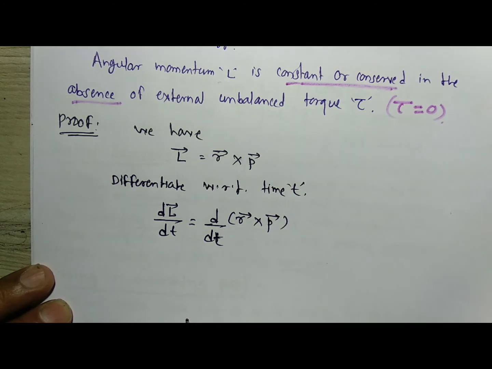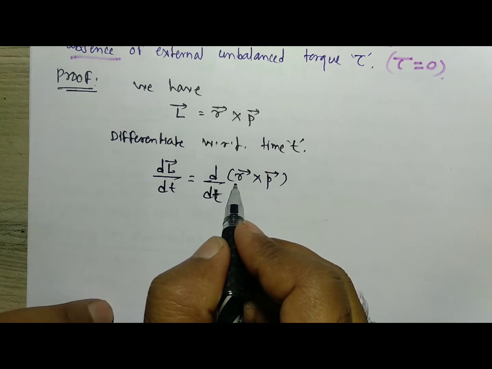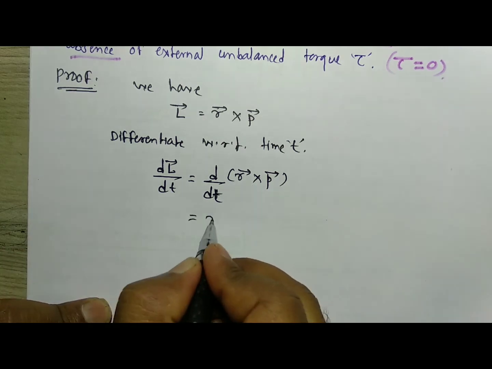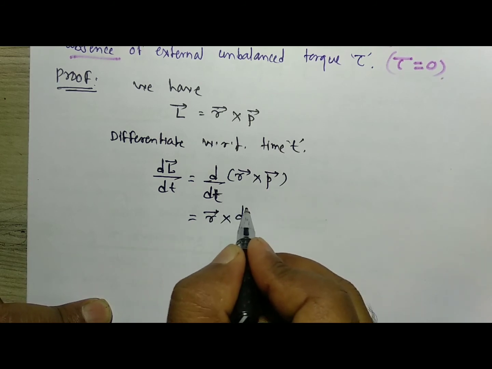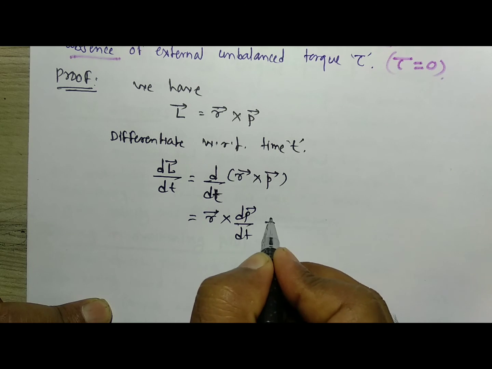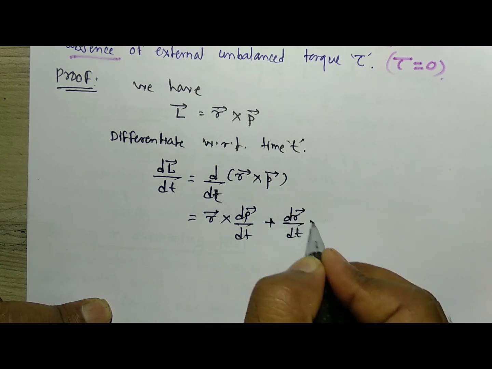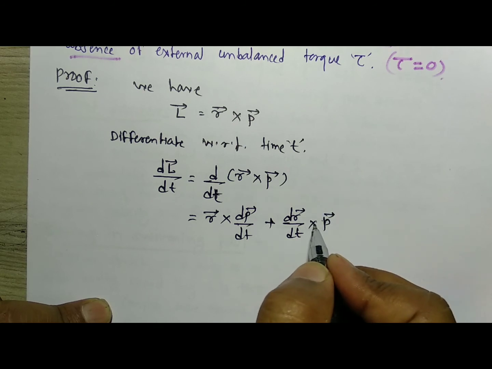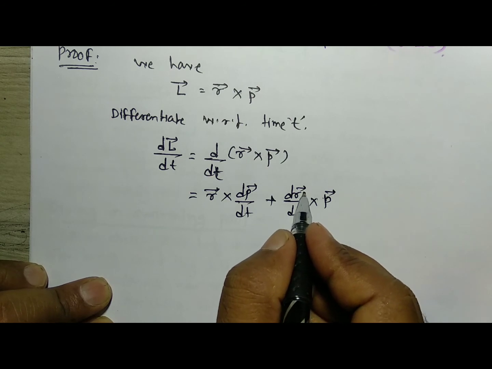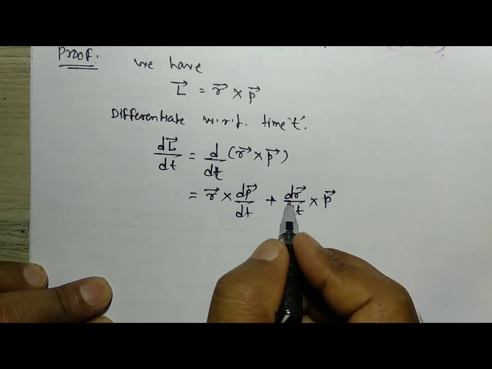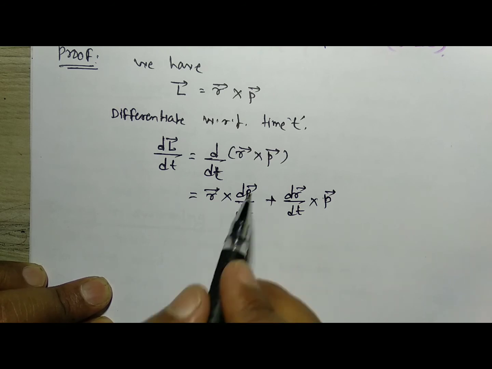According to the rule of multiplication, first we take the first function as it is, into the derivative of the second function, that means P bar d/dt of this one. Now we take the derivative of the first function, dr by dt, into the second function as it is. We know that dr by dt is the rate of change of displacement, which is velocity, and dp by dt is the rate of change of linear momentum.